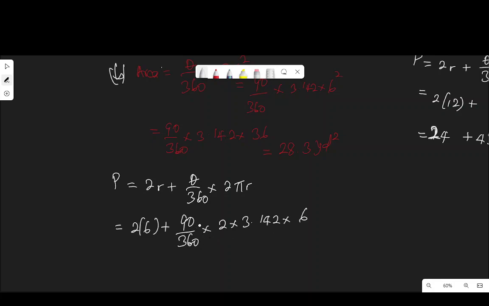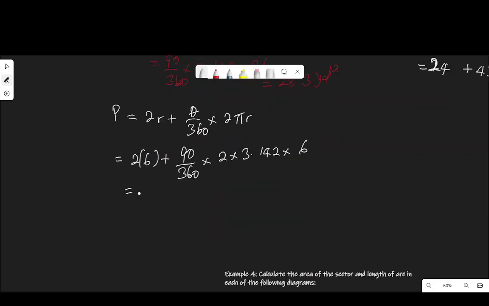And that gives us 2 times 6 is 12. 12 plus, let's plug this into calculator and see what we have. 90 times 2 times 3.142 times 6 and divided by 360. That gives us 9.4 approximately, then plus 12, 21.4 yard is the perimeter of that sector.